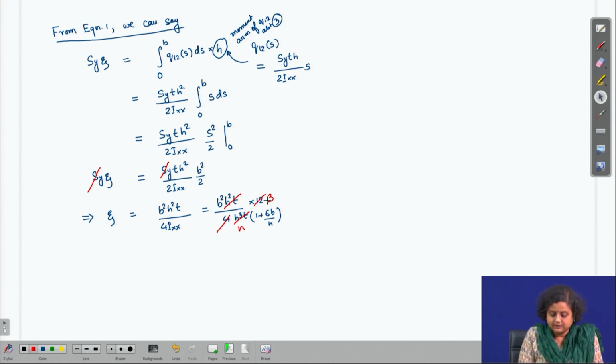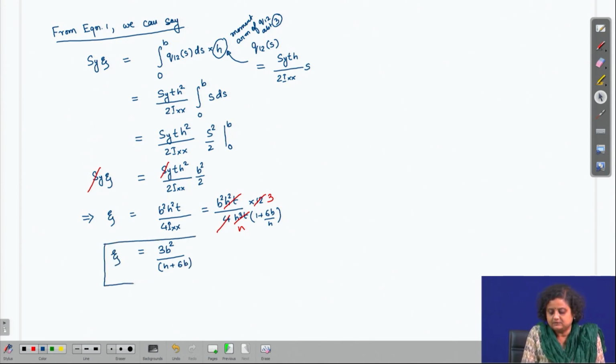So, this will simplify into 3b square by h plus 6b. So, this is therefore the answer that we are looking for.